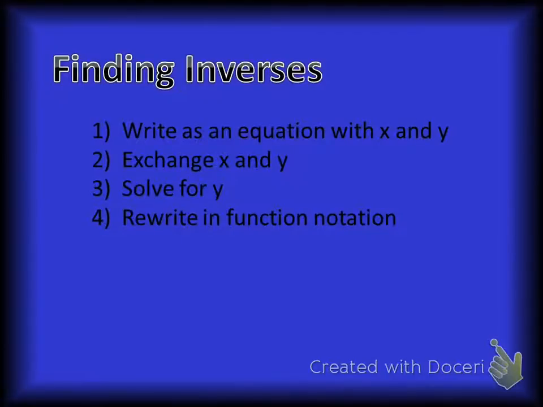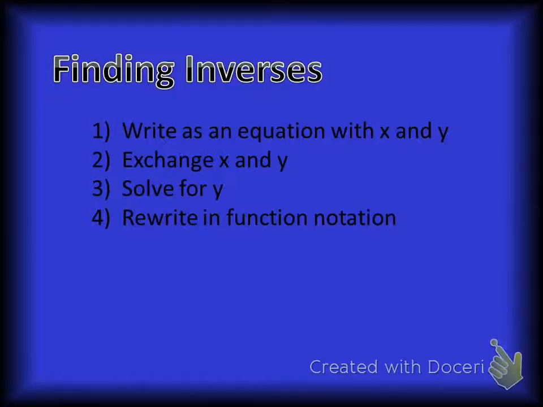Step 2 is to exchange x and y. Literally rewrite the equation with y in x's old spot and x in y's old spot. No sign changing, no magical algebra stuff. You literally rewrite it, exchanging the two's places. Once you do that, you do whatever it takes to solve for y now.